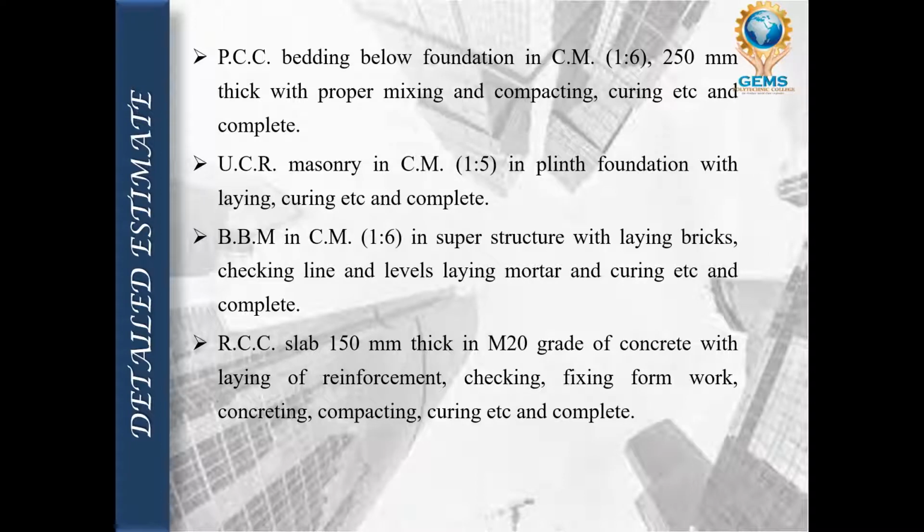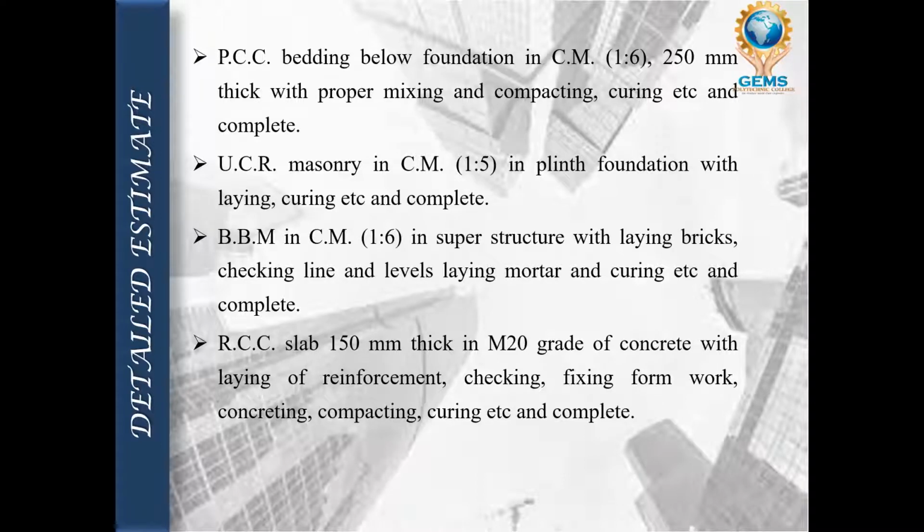And complete. Then RCC slab, reinforced cement concrete slab of 150 mm thick in M20 grade of concrete, with the laying of reinforcement, checking, fixing formwork, then concreting, compacting, curing, etc. So these are the procedures for doing construction work, right?